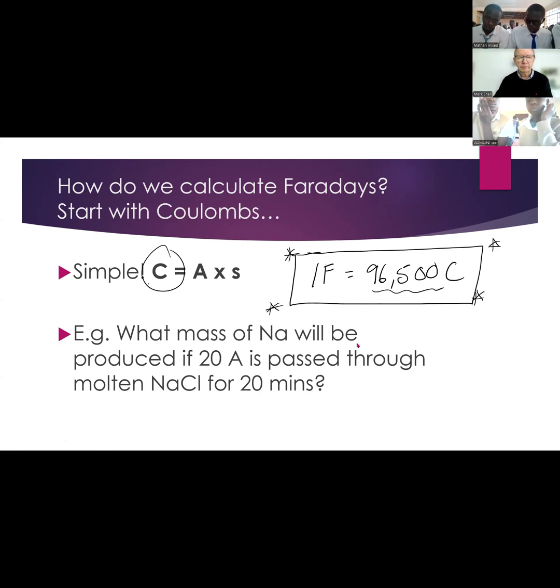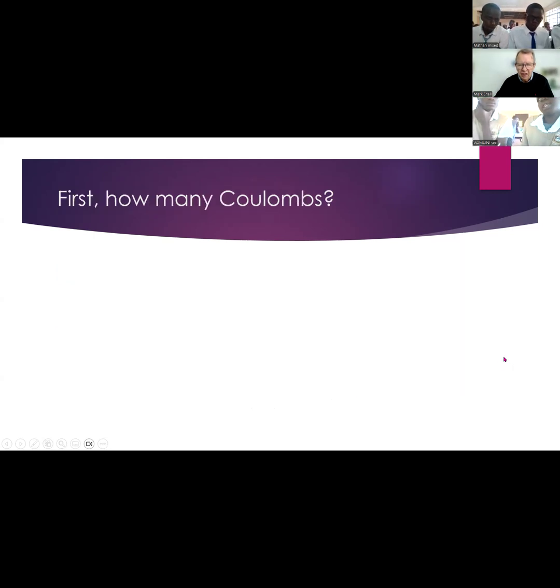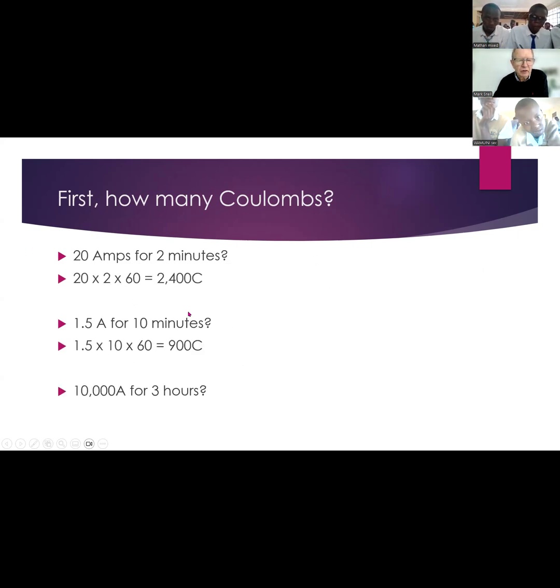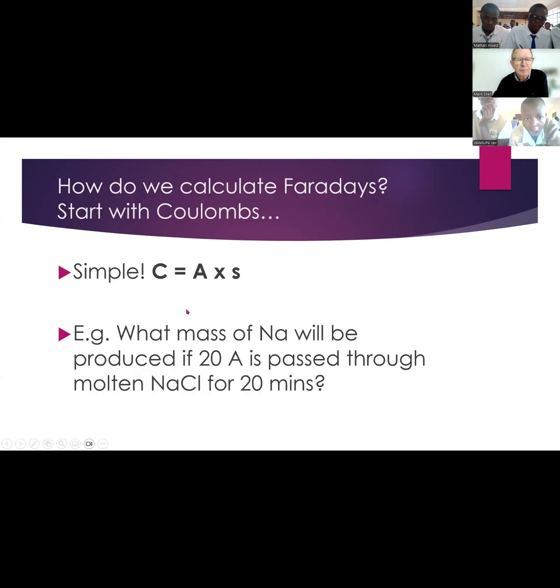So here we go. What mass of Na if we start with 20 amps and 20 minutes? Well, firstly, how many coulombs? Coulombs is amps times seconds. So here we are.